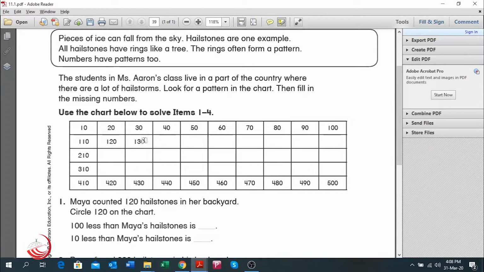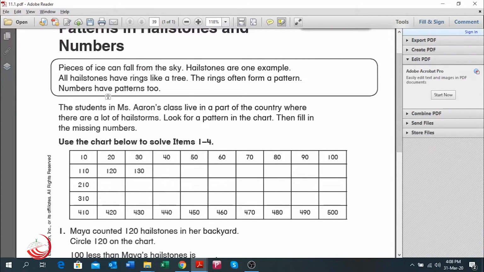So we have 10, 20, 30, 40, 50, 60 till 100, 110, 120, 130, 140, 150, till the end, 210, 220, 230, 240, continue, 310, 320, 330, continue till the end. So first of all, you're going to write the pattern like this. You're gonna write the patterns in the box.